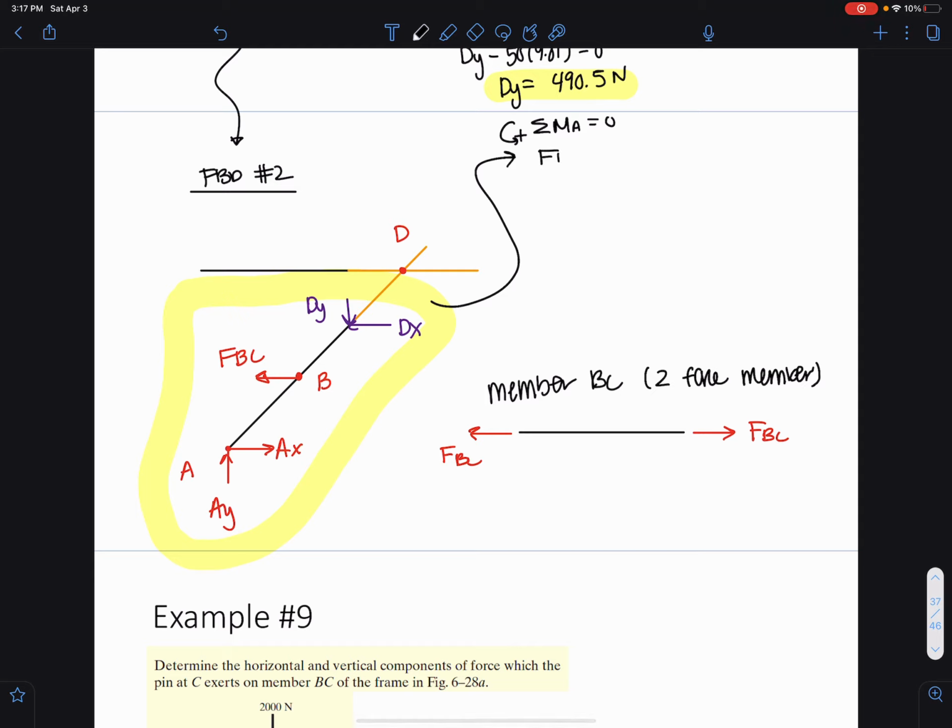I would have FBC times the moment arm of 0.6 plus 490.5 times the moment arm of 0.9 minus 490.5 times the moment arm of 1.2, equal to 0. And I can directly solve for FBC as 245.25 newtons.